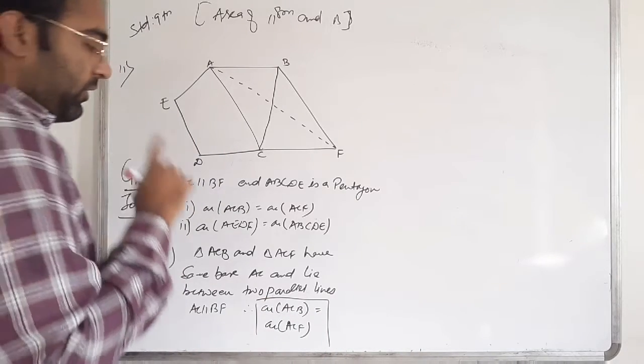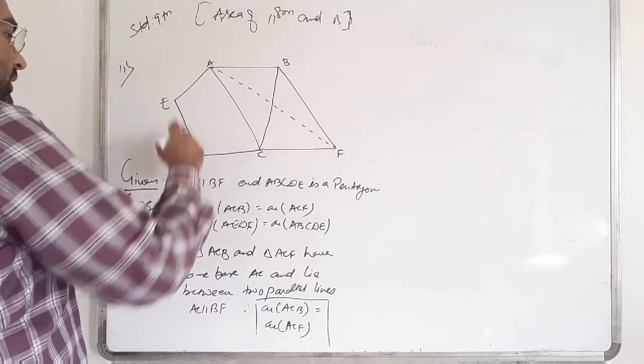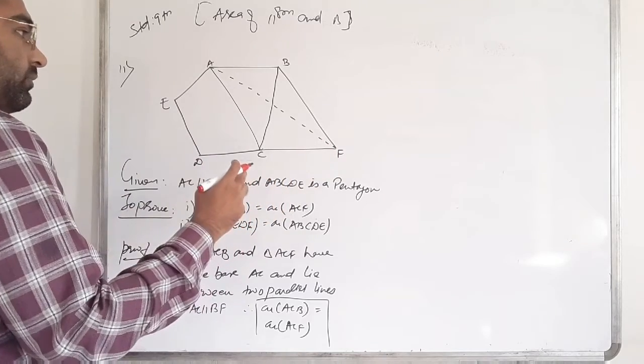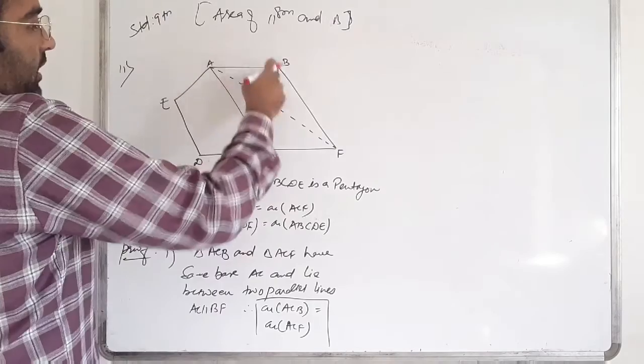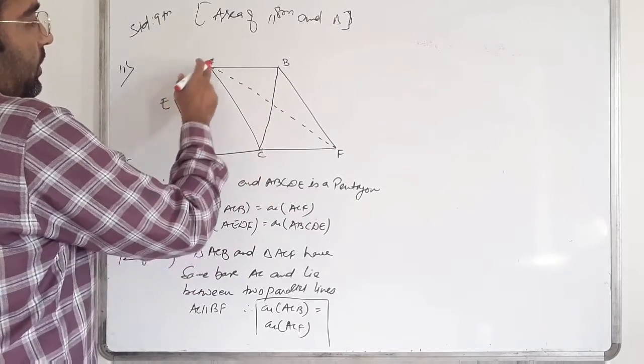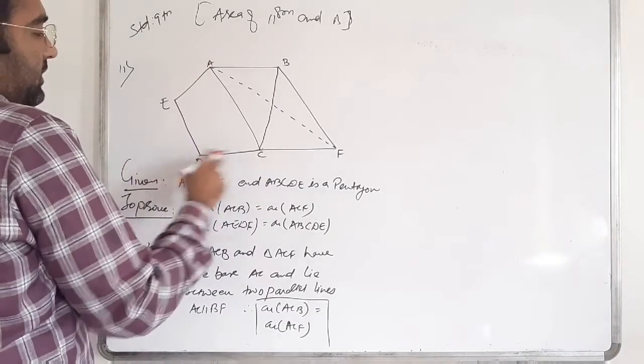Okay, so now move to the second thing, that is AEDF and ABCDE. Okay, so in ABCDE there is a quadrilateral AEDC.